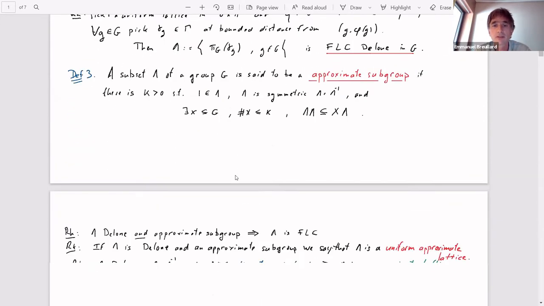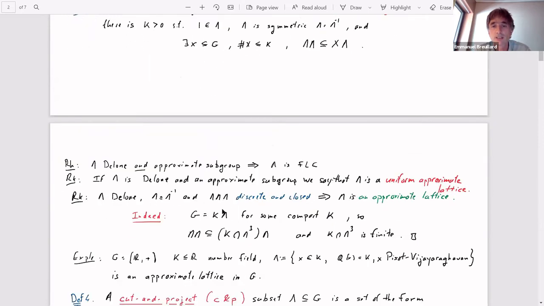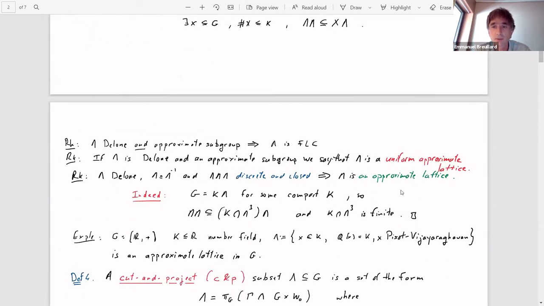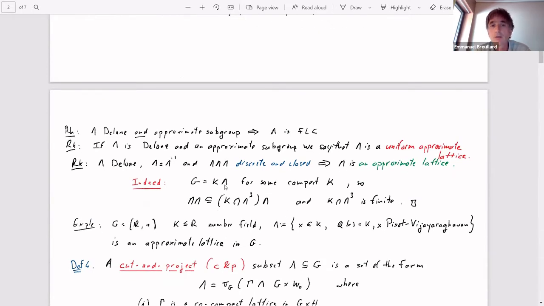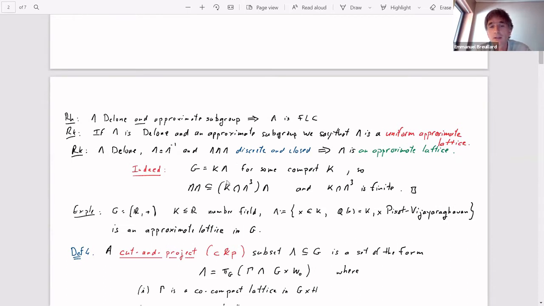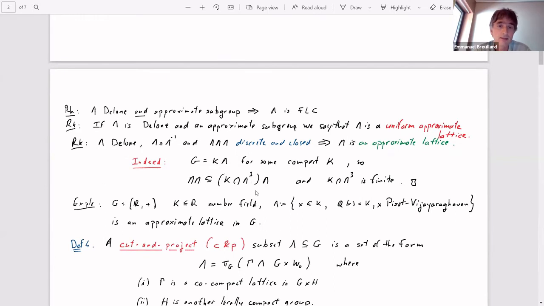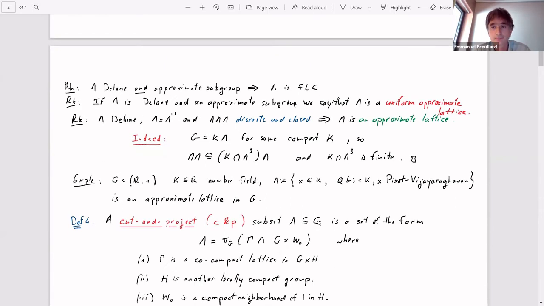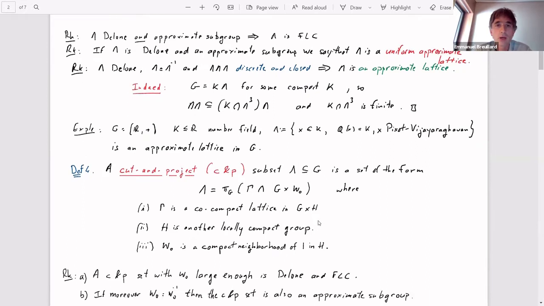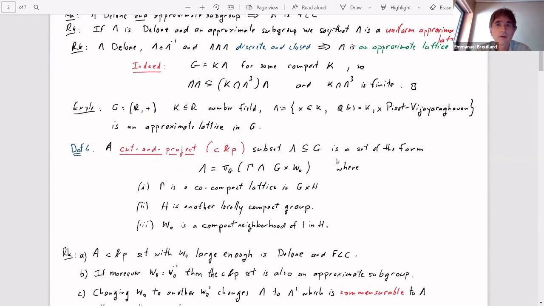That's a difference. If you assume that the triple product is discrete, then it's very simple to check that lambda has to be an approximate subgroup. Indeed, because lambda is Delone, you can write G as K times lambda for some compact set K. Therefore, lambda times lambda is contained in K times lambda. But the element of K that you get here must be in lambda to the 3, obviously. And this is locally finite, so it has to be a finite set. So that's the third property.